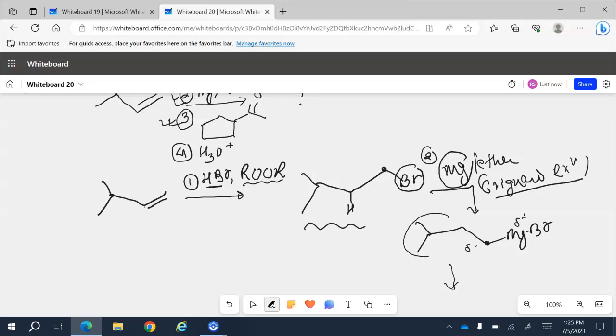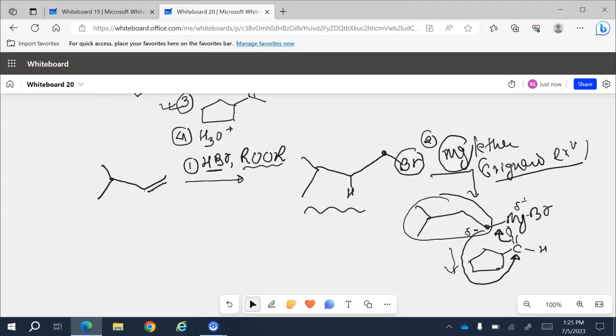This negatively charged carbon acts as a strong nucleophile, which you are now reacting with the ketone. This is the ketone that is reacting. This carbon will attack the carbonyl carbon, and oxygen will go as negative. Again, this is the reaction of the Grignard reagent with the ketone.